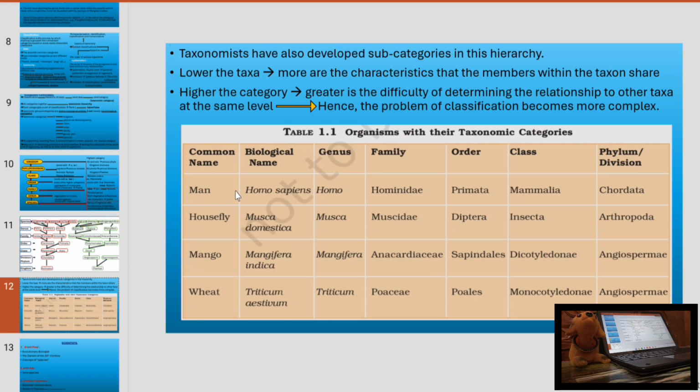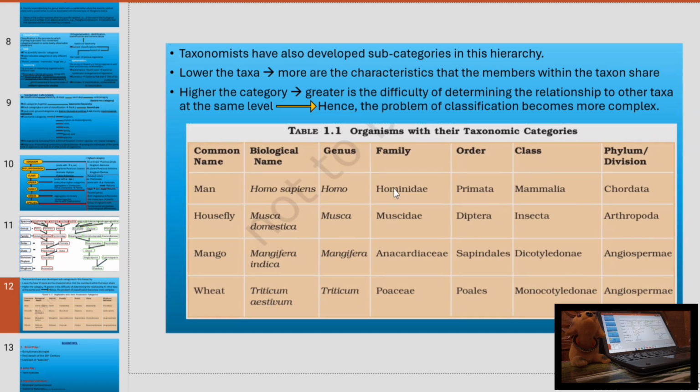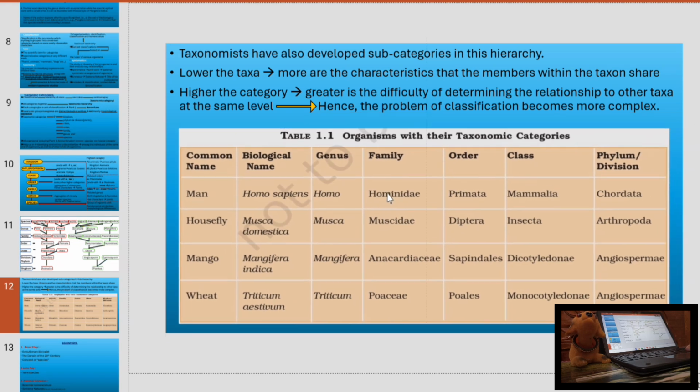For man, the biological name is Homo sapiens, where genus is Homo and species is sapiens. It comes to the family Hominidae, which ends with idae for animals, under order Primata, class Mammalia, and phylum Chordata, because it has a chord, that is the spinal cord.